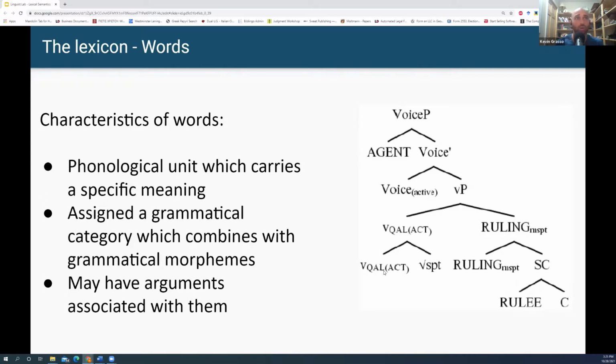Okay, so when you form a word, sometimes roots can have arguments associated with them as well. That's debatable. I think they can, and that would obviously have implications for your analysis of all the words that are formed from those roots. But the idea here is just that there are certain concepts that we can use with words, and those concepts are necessarily relational.